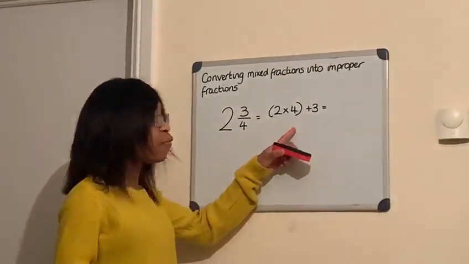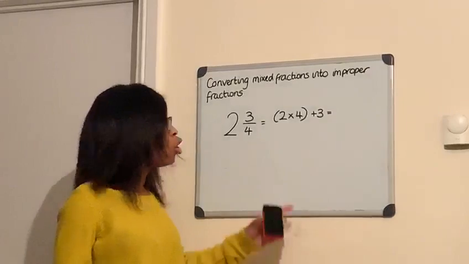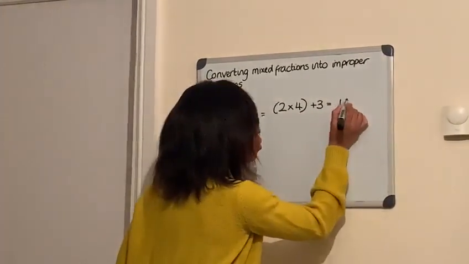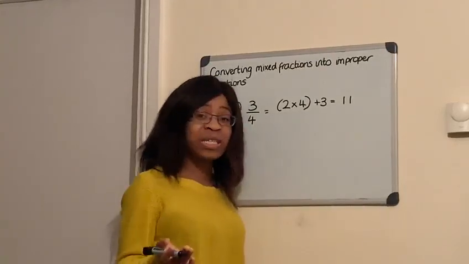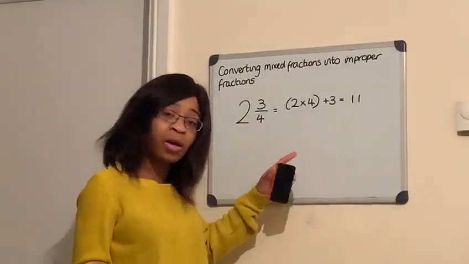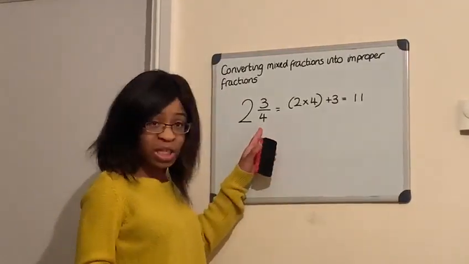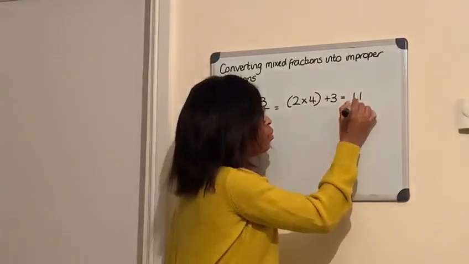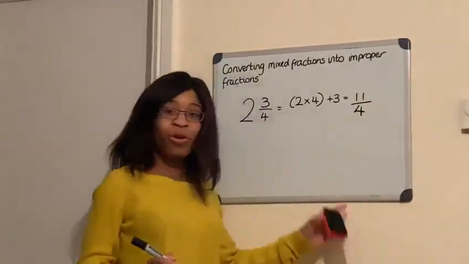So 2 times 4 is equal to 8. You add on 3 and you get to 11. Remember that our answer is not just 11. We have got to put it all over the denominator, or the bottom number that we started off with, which was the number 4. So I hope you got 11 over 4.